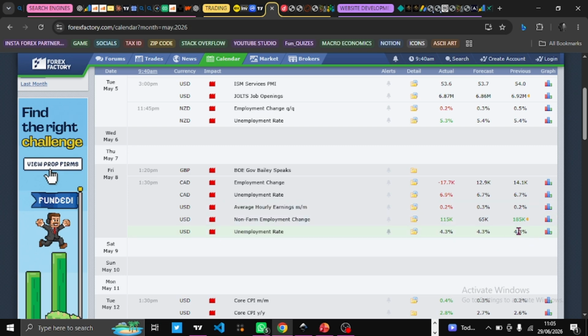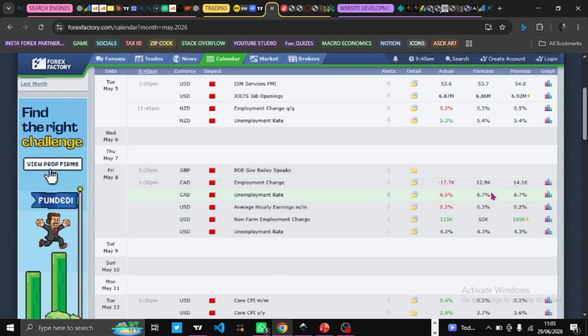Even though this very percent is still the same, because most of you will be like, how then do I know, since every one of them is still the same? You can use this very non-farm employment change because this is USD. Yes, they are going to be adding it, non-farm employment. Even they added it here to employment change. You can see previous 14k, then they were expecting around 12k people to be employed, but this one said that minus 17k have lost their job.